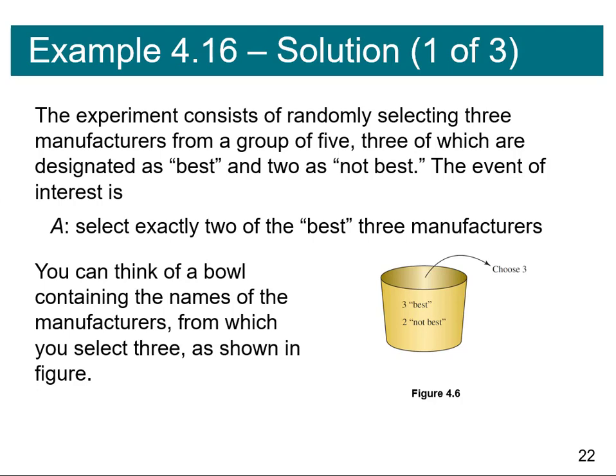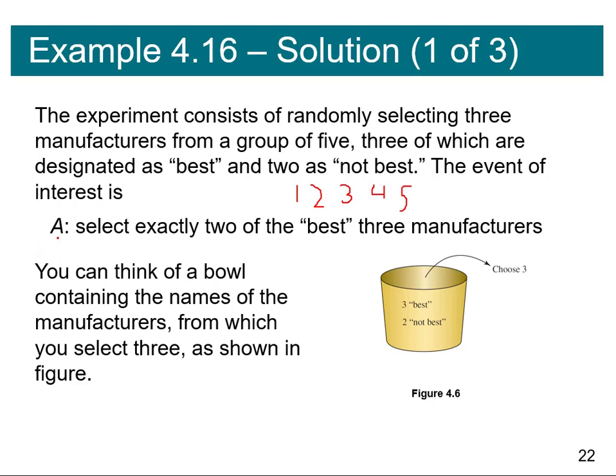I actually labeled them as 1, 2, 3, 4, 5, but they labeled them as best. There are 3 in here that are best and 2 that are not best. Maybe this is a better way to express this, but let's see what they say.